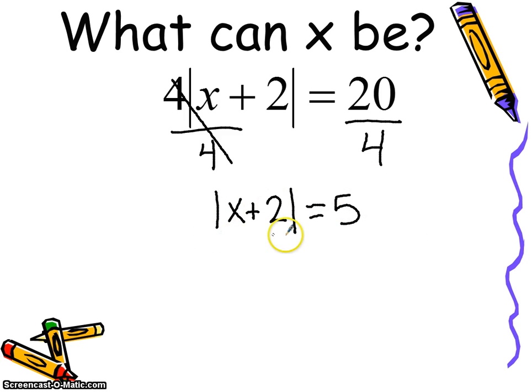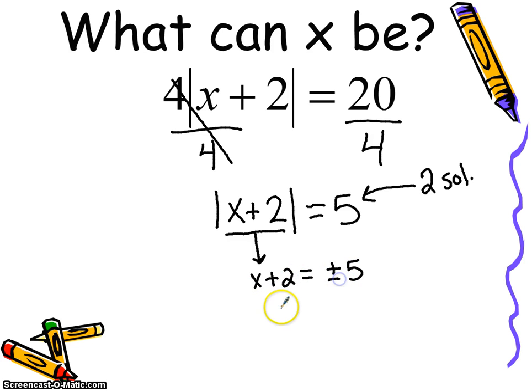Now that we've completed step 1 and isolated the absolute value symbols, we can make a decision about what type of solution we have. So we see that it equals a positive, so we know there'll be two solutions. Now, third, we can write our two equations. What's inside, which is x plus 2, could be either positive 5 or negative 5. So we have to write an equation for each.